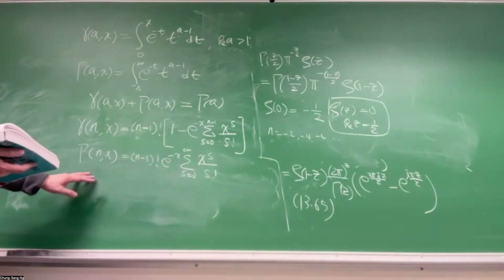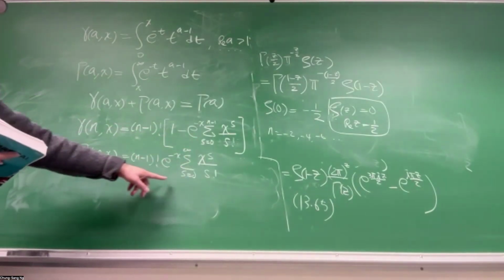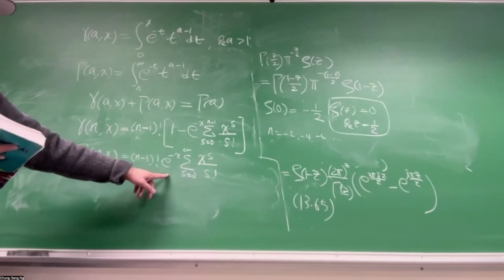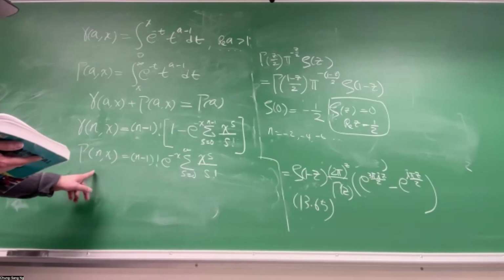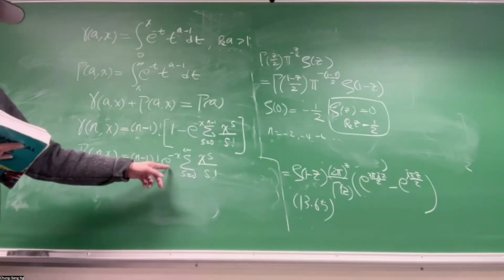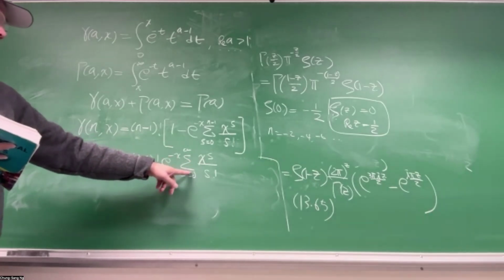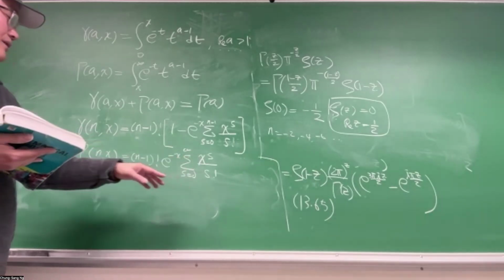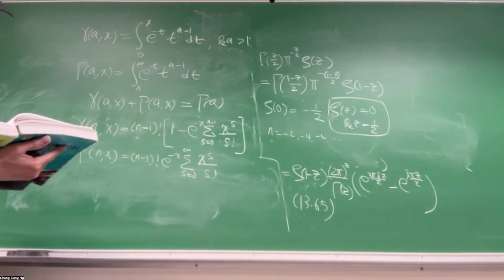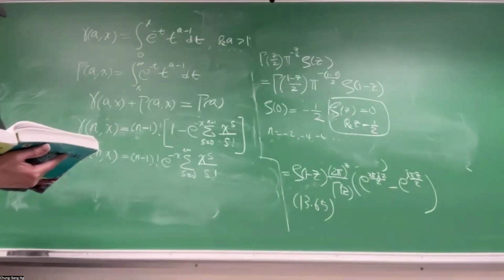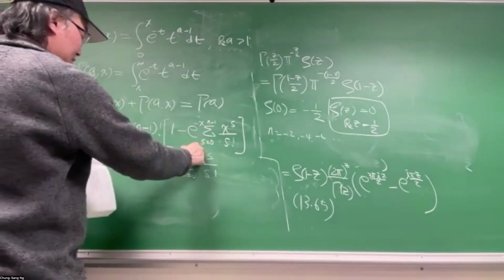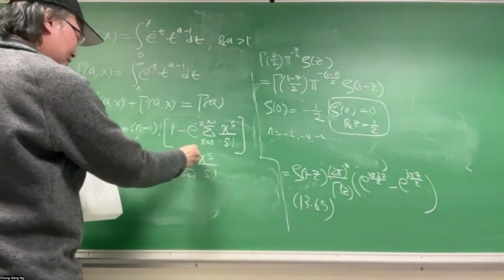So by this, you can see that the analytic form is not too difficult, at least for this one. It's just the usual exponential function and then a power series. So that is kind of straightforward.